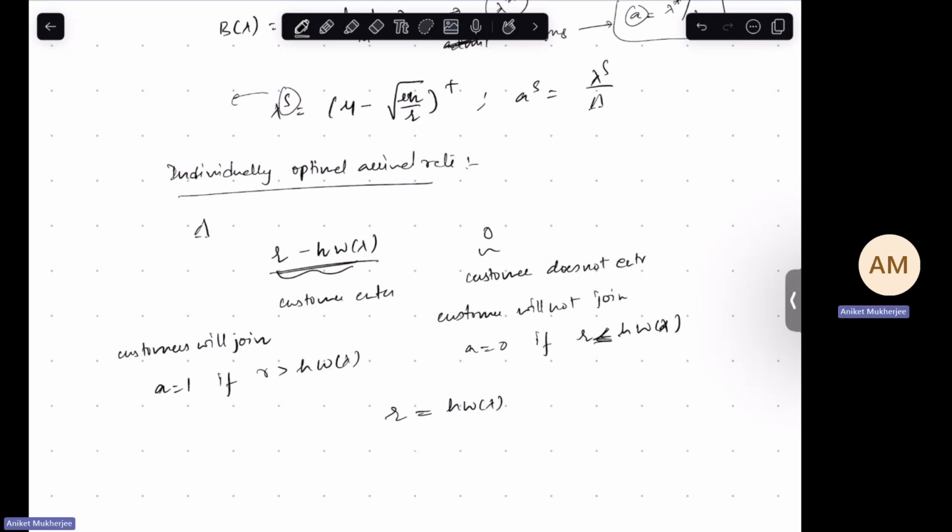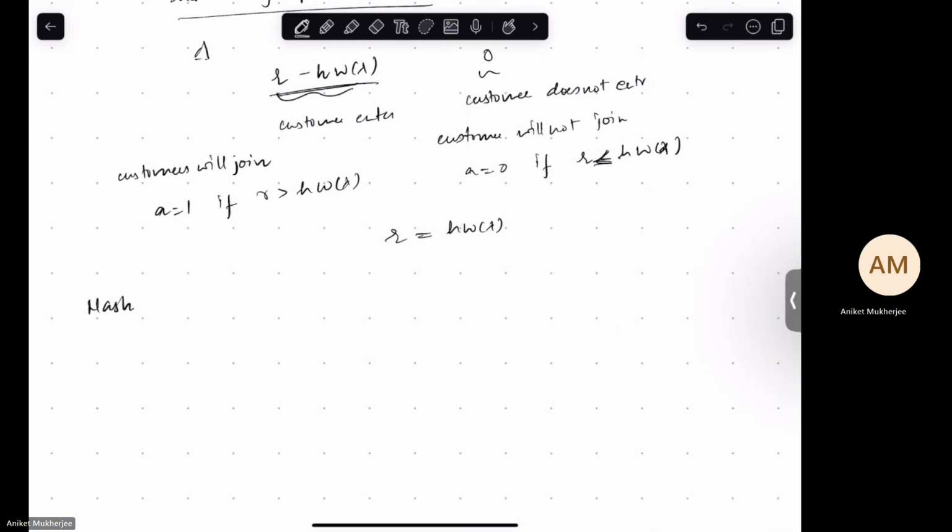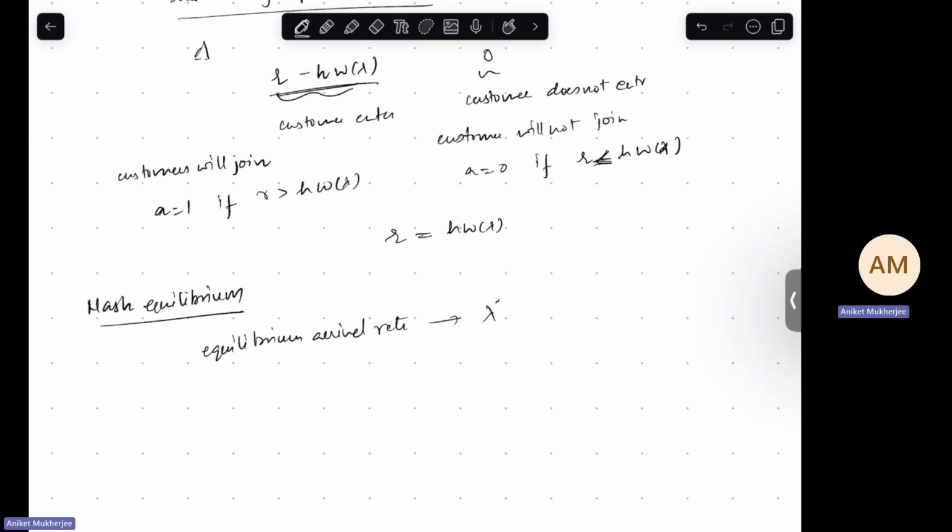Okay. So next we'll introduce a concept called Nash equilibrium, and we will define an equilibrium arrival rate, lambda E, where the property of this equilibrium is that no individual customer trying to maximize its own expected benefit has any incentive to deviate from lambda E. Instead of letting customers take a decision, because it will always be selfish, I'm telling customers to follow this lambda E that I'm going to give them.